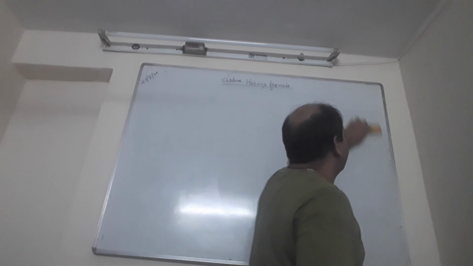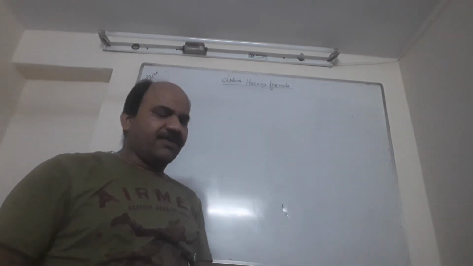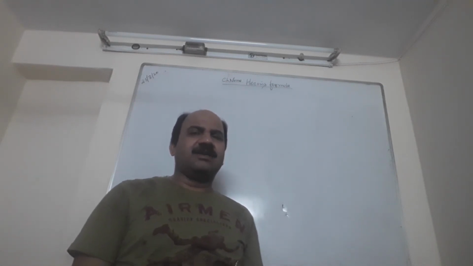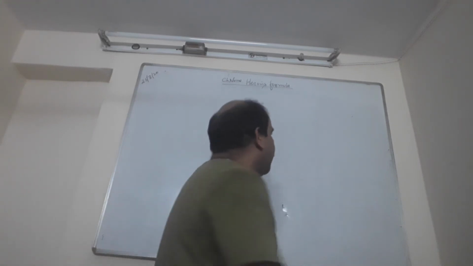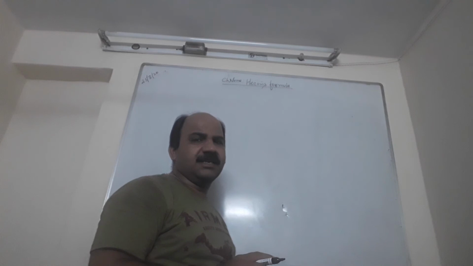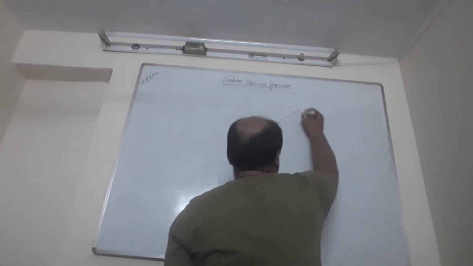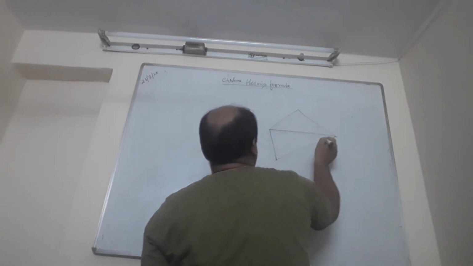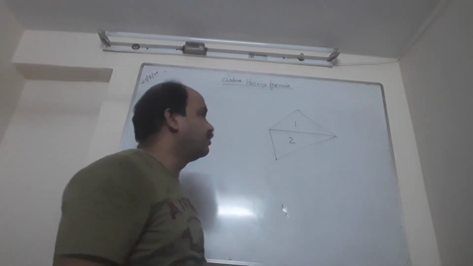And mind it, one more thing: the second exercise, in which we have to find the area of quadrilaterals with the help of Heron's formula. For that you should know about quadrilaterals, but that is a deleted portion for our standard 9. But you should know the concept. If we make any quadrilateral and divide it with the help of a diagonal, then we have two triangles.